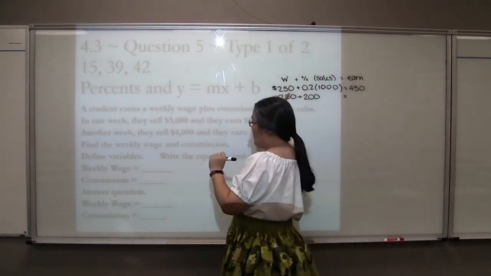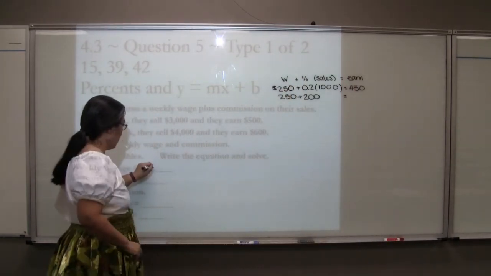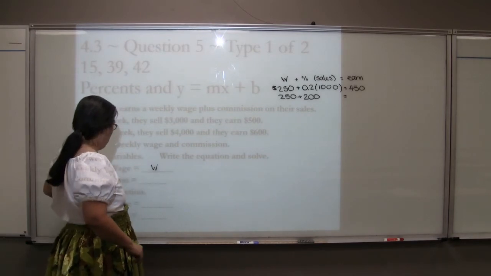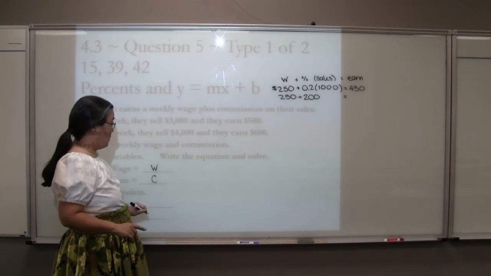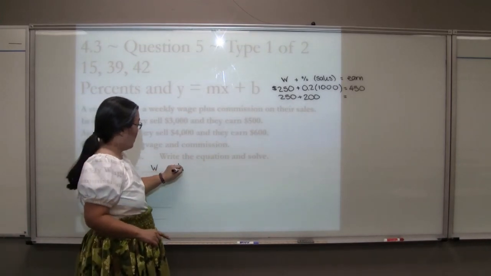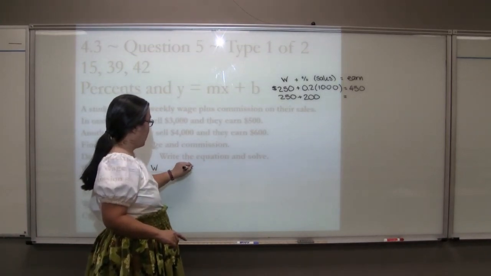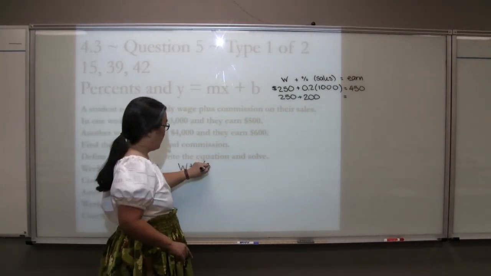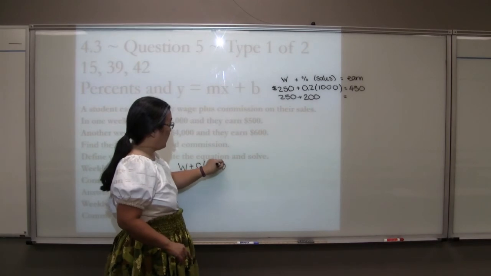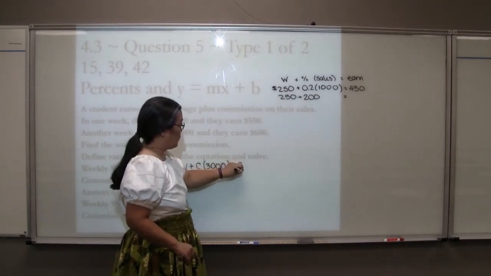So we don't know this and we don't know that. Our weekly wage we could put as W. Our commission, which will be a percent later on, we could use C for commission. So our weekly wage plus our commission times $3,000 is equal to $500.